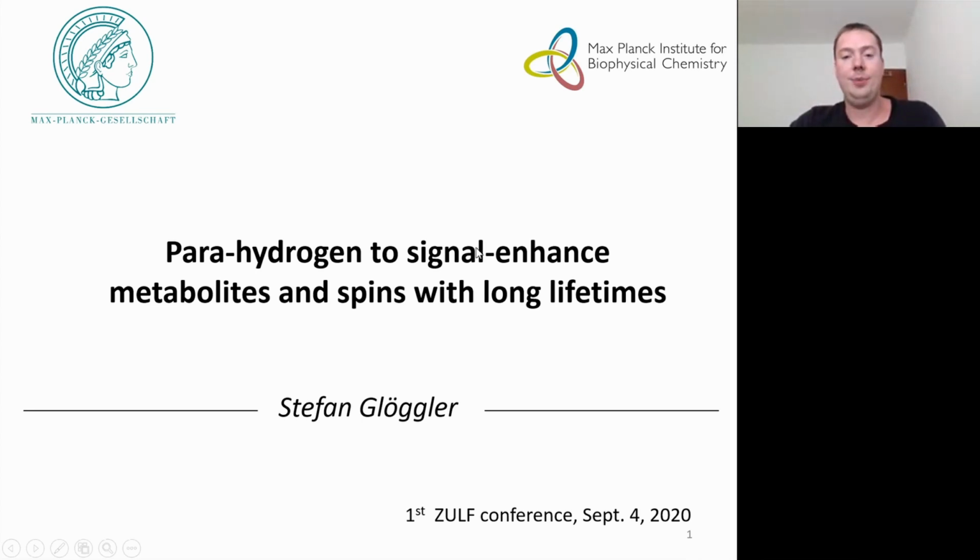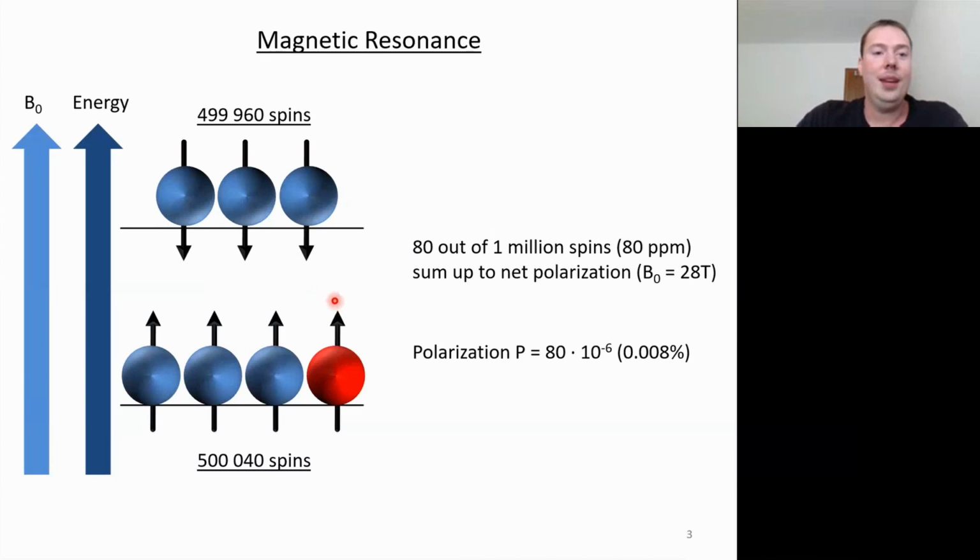But as this is the hyperpolarization session, I'd like to show a few of these slides, explaining a bit more again what we're doing. As we know, magnetic resonance is very insensitive intrinsically. So I picked up the values from the 28 Tesla magnet, which corresponds to this 1.2 gigahertz.